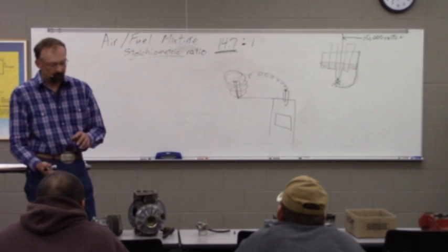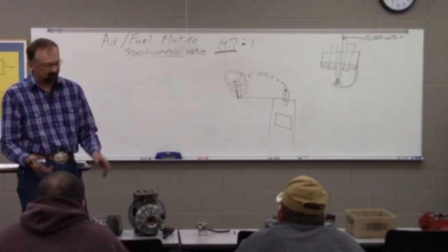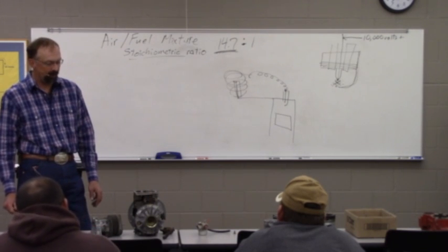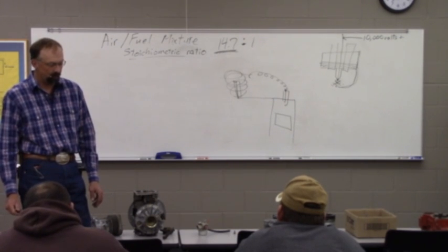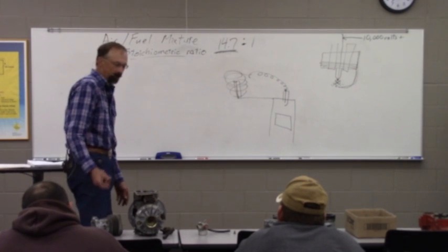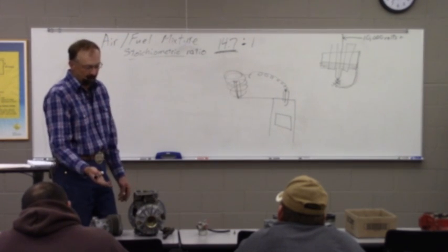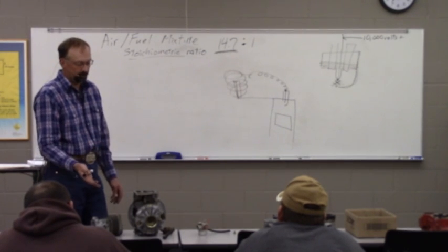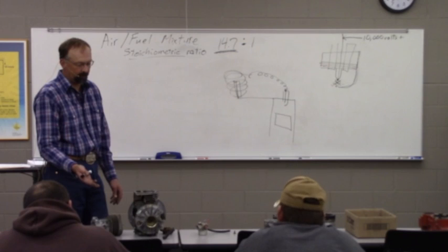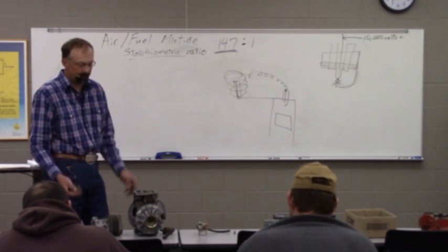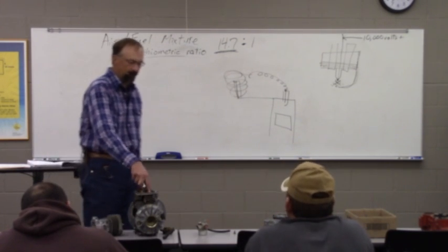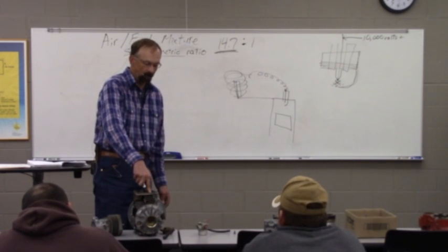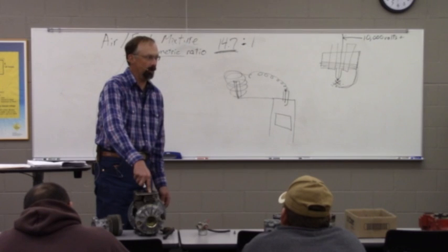So the advantage to that is it's a pretty simple system. There's not a lot of complications there, not a lot of things to go wrong, not a lot of parts to manufacture. The drawback to it is it's not adjustable. And for best efficiency, at different engine RPMs and different load conditions, we want that spark to happen at a different time.